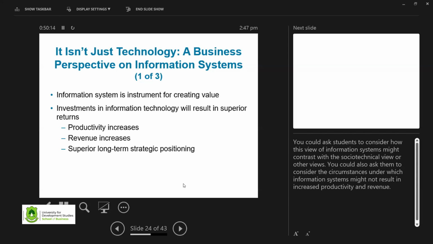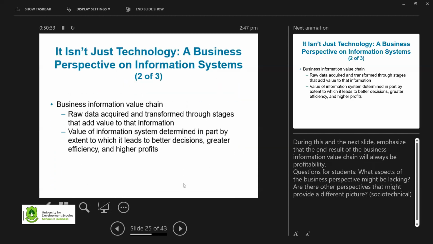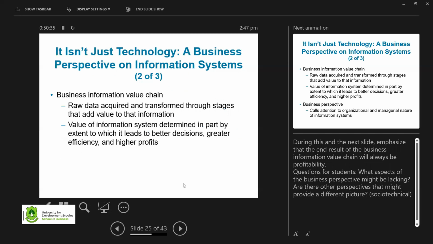So as business leaders, we are interested in what? Our investment in information technology should result in productivity increases, revenue increases, and superior long-term strategic position so that we can have what? Competitive advantage over others.